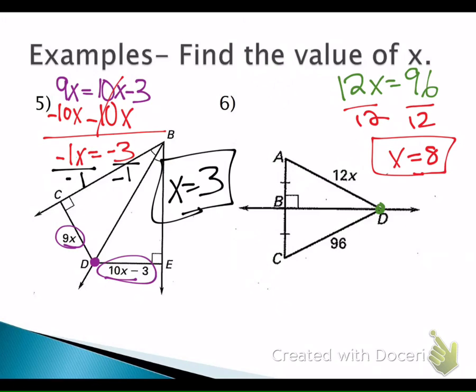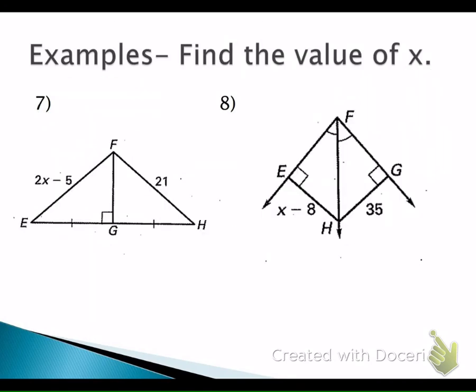All right, we do have one more slide of examples, but I'm not going to make you put them in your notes. We're just going to do them out loud for extra practice on these equations. All right. So, F, perpendicular bisector, perpendicular, congruent segments.